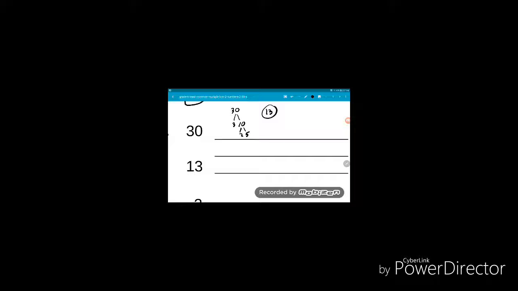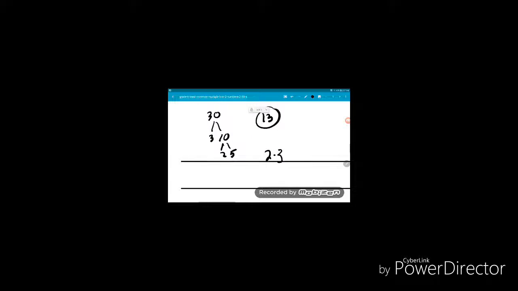What's the maximum amount of 2s that we have? We just have 1. What's the maximum amount of 3s we have? There's only 1 three.